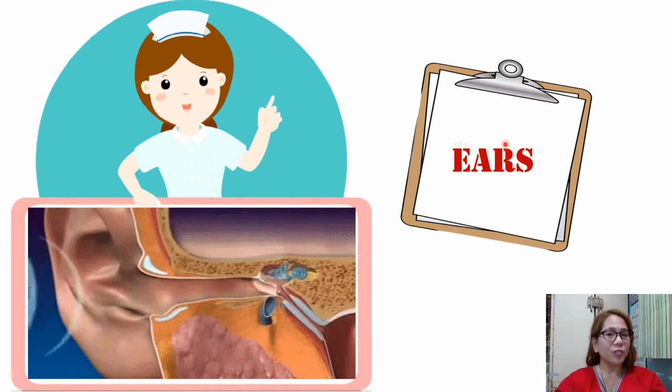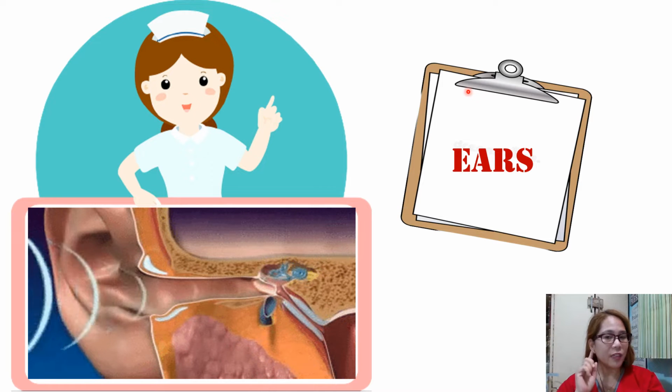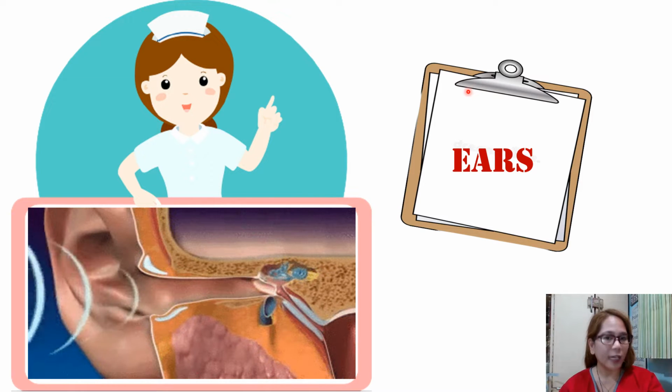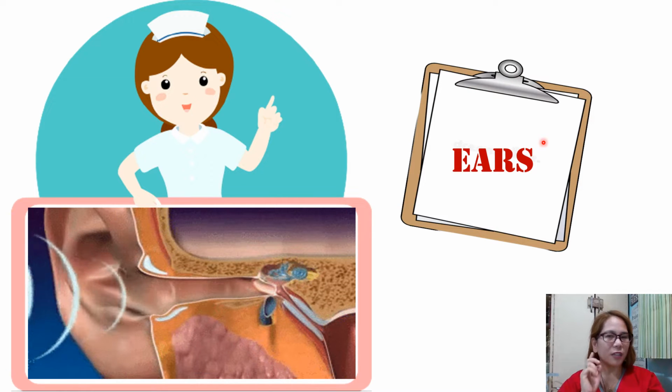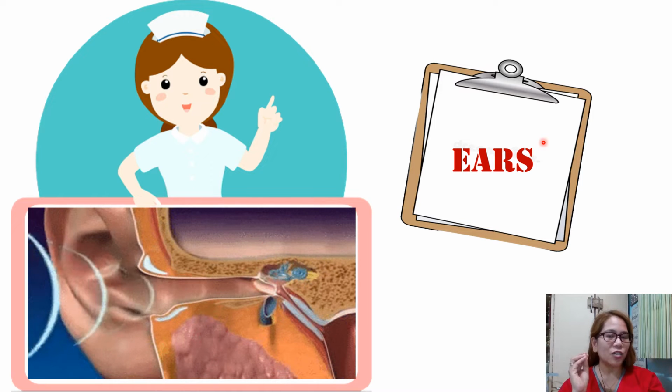Your ears are the sensory organ used for hearing. It has two critical functions. The first one is again for hearing, and the other one is for balance. That's why if there is a problem in your ear, for example, you are swimming or diving, then water gets into your ear, there is a blockage, and you feel like you lost your balance.